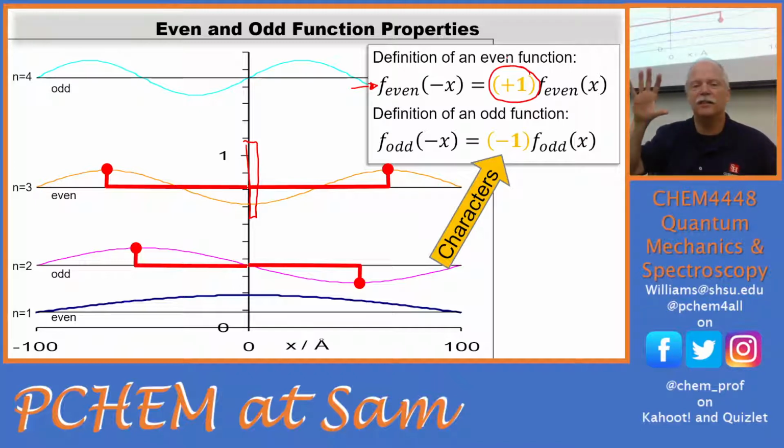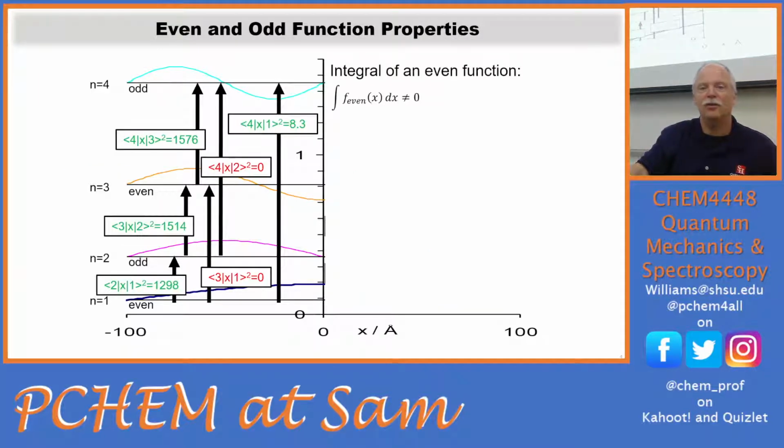But for now, can you understand the difference between n equals 2 and n equals 3? n equals 2 is odd. You see the left and right side are opposite sign of each other. And then even though n equals 3 has some positive and negative parts to it, they're symmetric. So even the negative parts are the same and the positive parts are the same on the other side of 0. Okay, so that's an important concept. Here's why that's important.